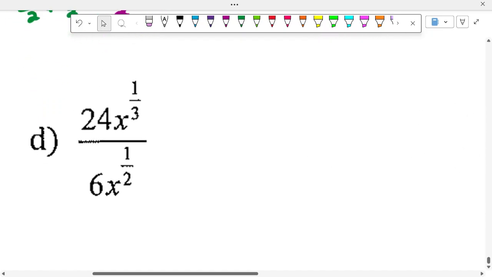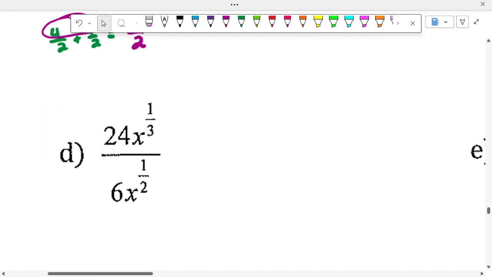All right. So let's do one like this. Now, quotient rule now. So if I want big minus small, which fraction is technically bigger? 1/2 is technically bigger. So if I do 1/2 minus 1/3, again, gotta have common denominator. What's the common denominator of 2 and 3?